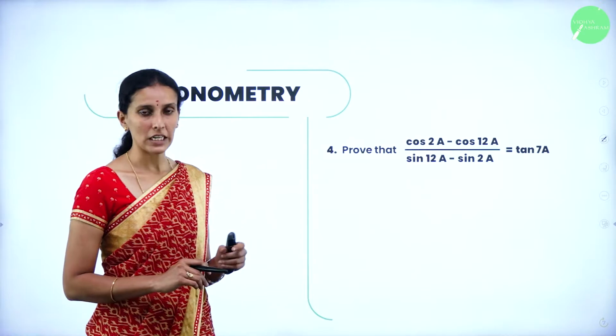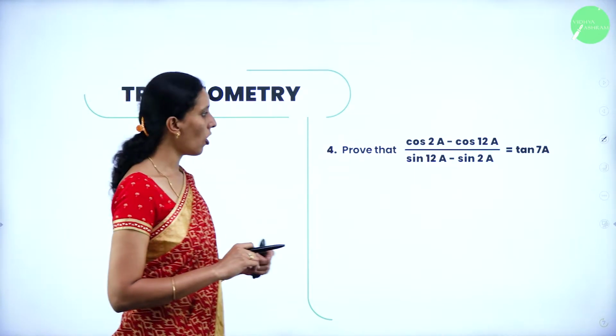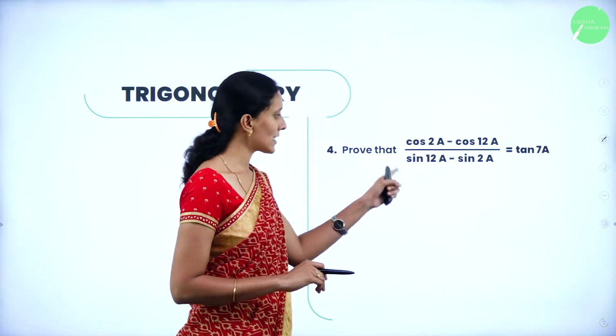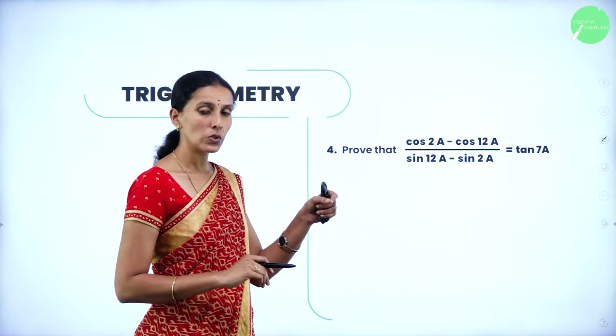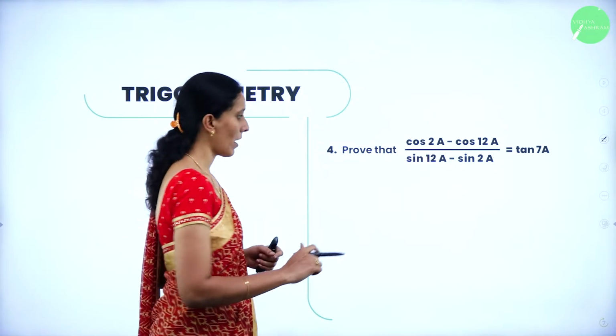Next we have cos 2a minus cos 12a divided by sin 12a minus sin 2a is equal to tan 7a. Apply transformation formula of cos c minus cos d and sin c minus sin d. Cos c minus cos d is minus 2 sin c plus d by 2 sin c minus d by 2.